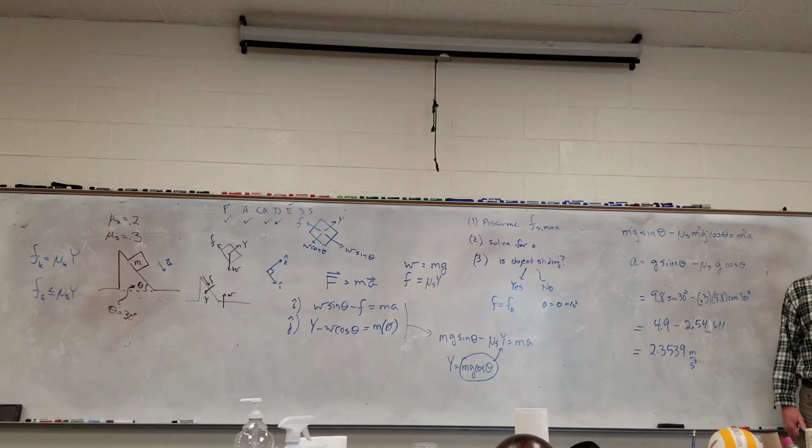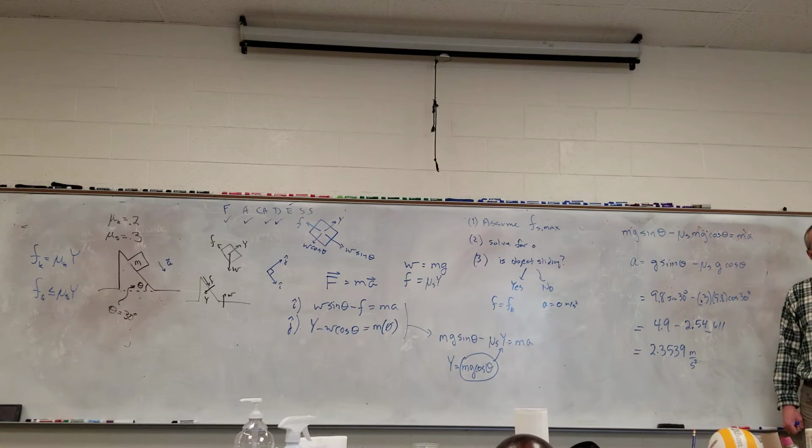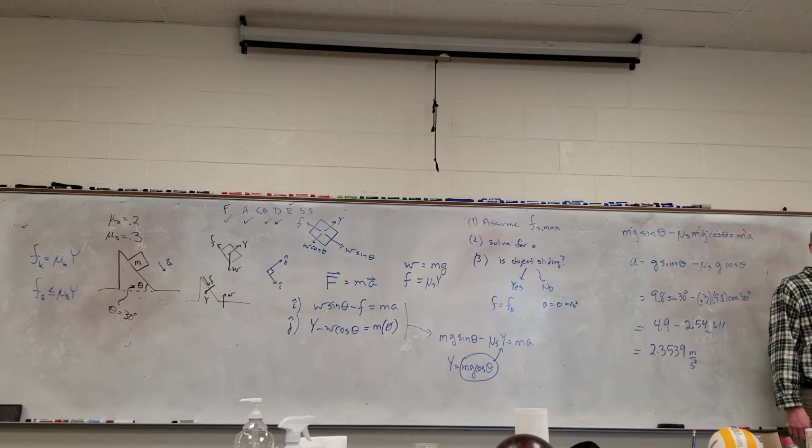Have we overcome maximum static? Yes, we have. Because static's 0.3. That's where this number came from. Remember, 0.3 is unitless. That's not friction itself. That is just a number.